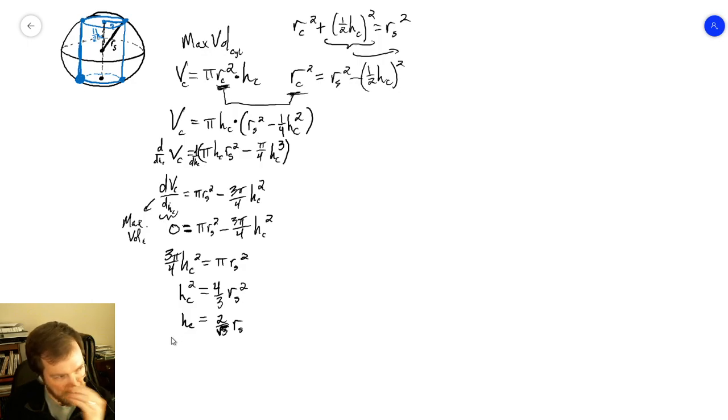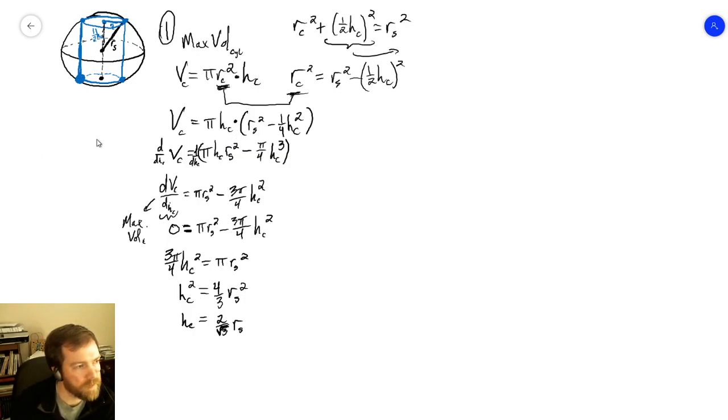Alright, so the height of the cylinder is going to now have to be 2 over root 3 times the radius of the sphere. And now we also have the relationship to the radius of the cylinder. So we can plug all that into here. That's kind of gross, but whatever. This will work. Alright, so Hc squared, we can plug that in. That's alright. So this was 1, maximize the volume of the cylinder.